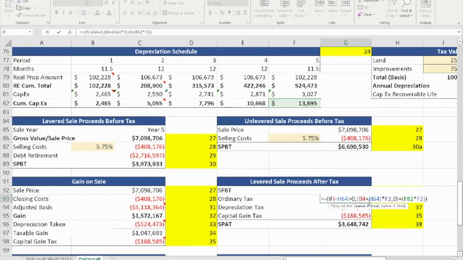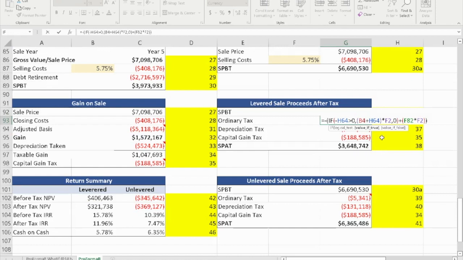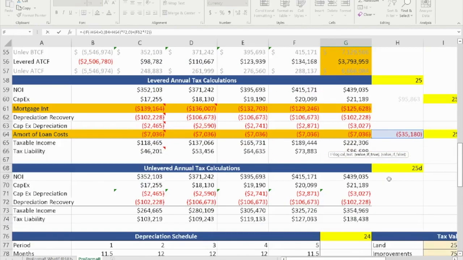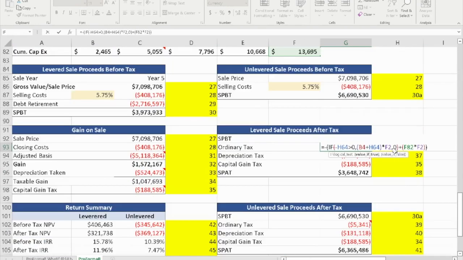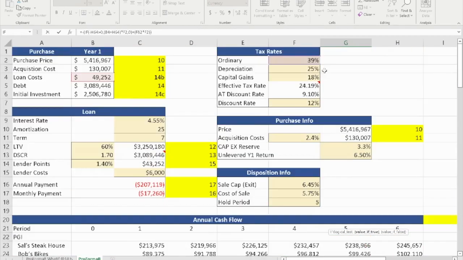You're going to add back the negative 35,000, which is going to give you really $14,000. You're going to multiply all of that by the ordinary tax, which is 39%. And if not, it's 0, close paren, and you're going to add also the cumulative capex depreciation 13,695 times the ordinary tax as well.